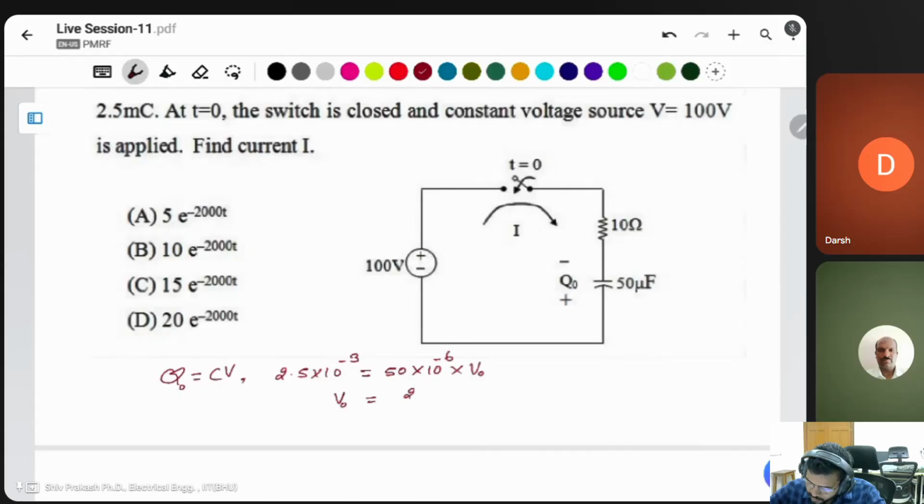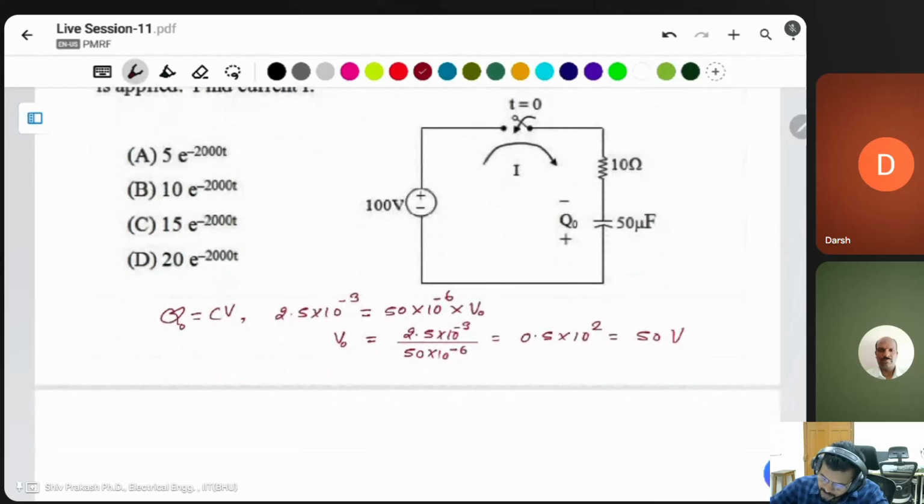This will be 2.5 into 10 to the power of minus 3, divided by 50 into 10 to the power of minus 6. This will be 10 to the power of minus 5, so 0.5 into 10 to the power of 2. This will be 50 volt.